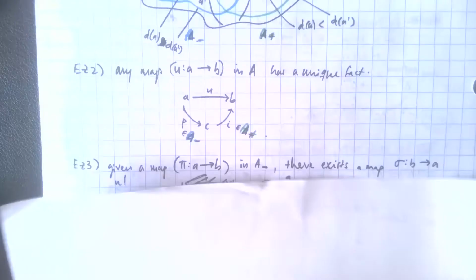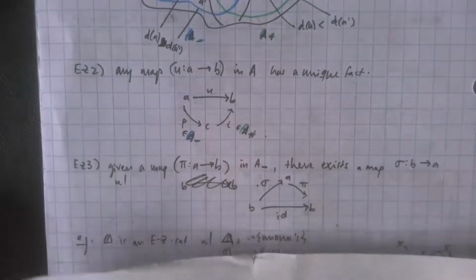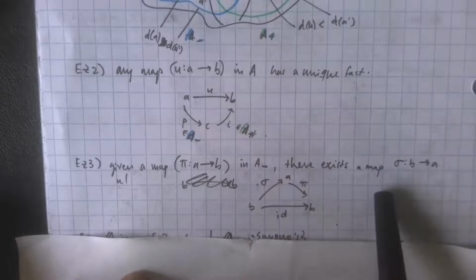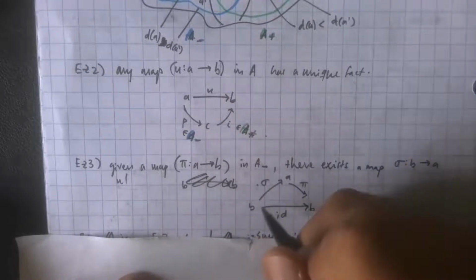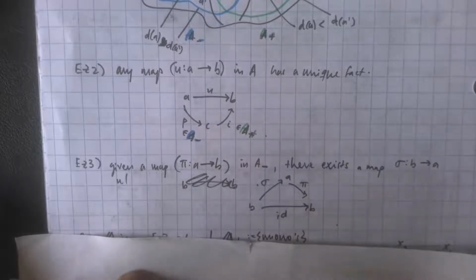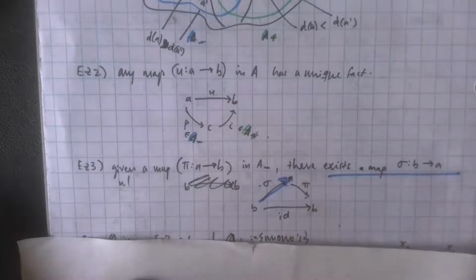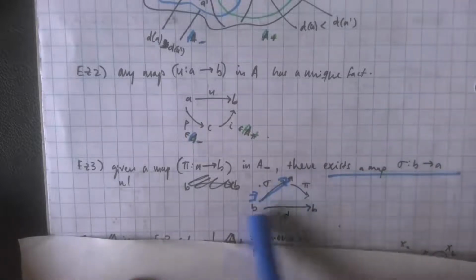Then any map in A has a unique factorization into a map in A minus and a map in A plus. And given a map in A minus, there exists a map going backwards, such that composing with it gives you the identity.